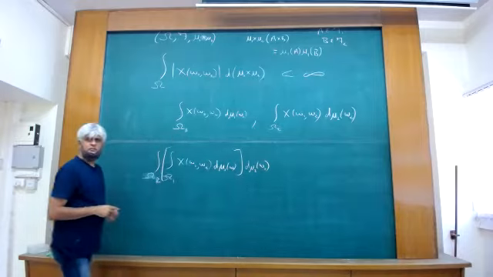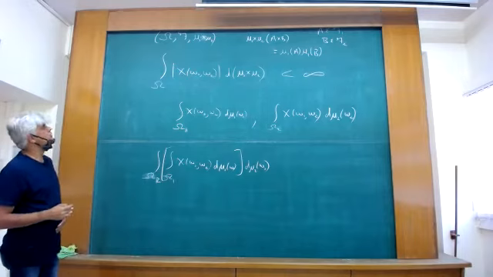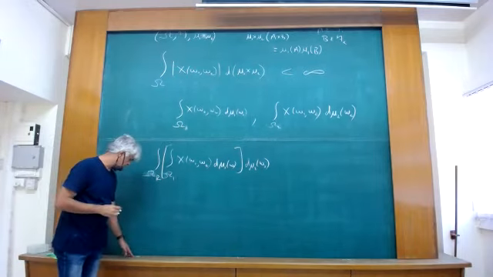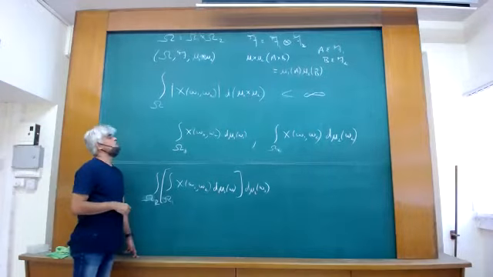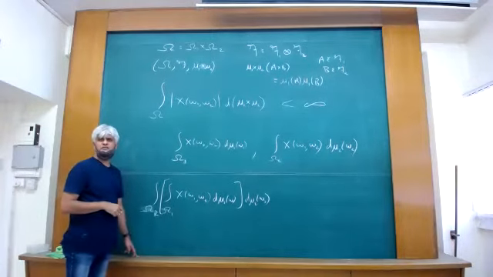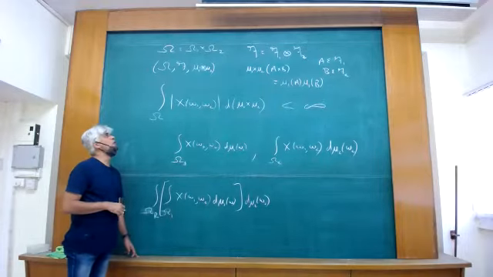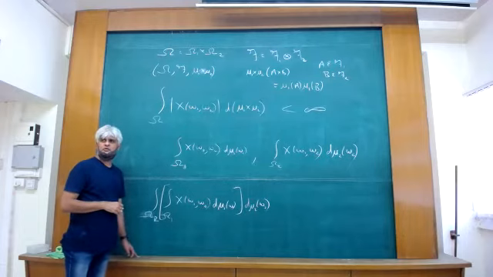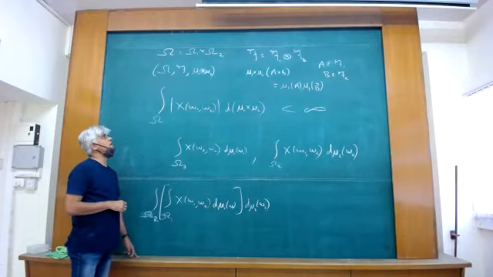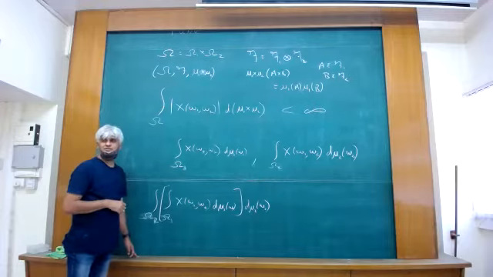So what we are saying is, suppose I'm given spaces omega 1, F1, P1, mu1, and omega 2, F2, P2, mu2. So I construct a product space omega, which is omega 1 cross omega 2, and a sigma algebra, I'll just call it F1 cross F2. I don't know what to call that. Do you know what to call it?